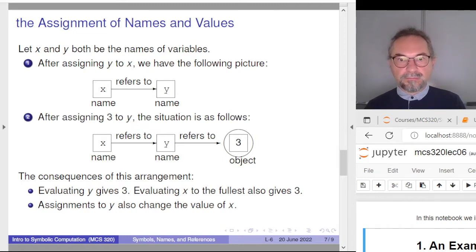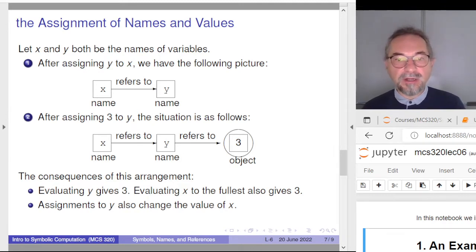This picture is the situation as you would see it as a programmer, and in particular as a Python programmer. We have objects that are not composite, so the simplest objects are numbers. Names refer to objects as a result of an assignment.